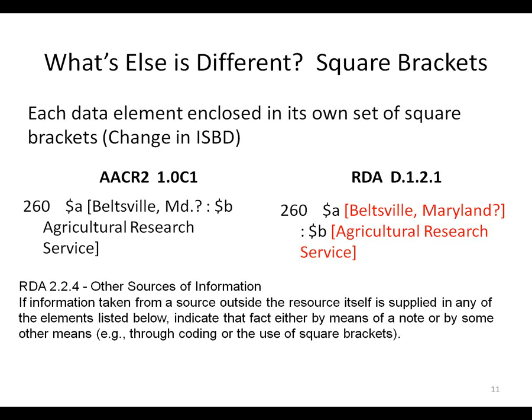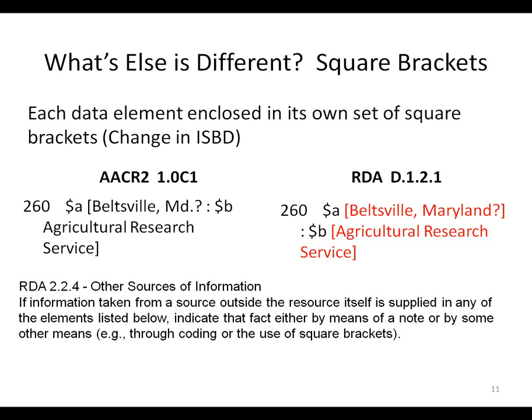Okay, let's take one of the other things, sort of a big picture thing that's different, is the square brackets that are used and how they're used. And this is not an RDA change specifically. This is a change in ISBD practices, that any individual element in description gets its own set of square brackets around it.